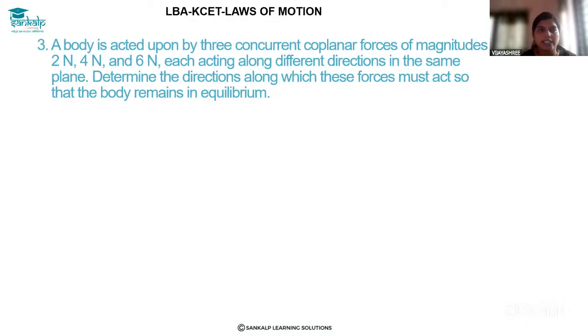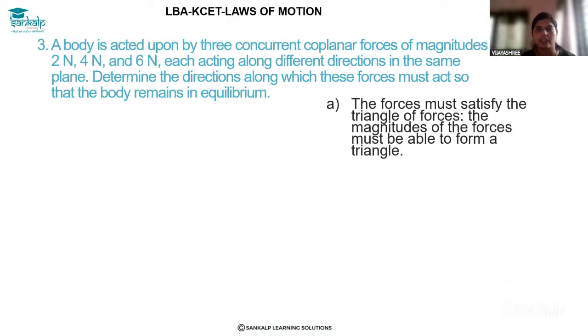A body is acted upon by three concurrent coplanar forces of magnitude 2 Newton, 4 Newton and 6 Newton, each acting along a different direction in the same plane. Determine the direction along which these forces must act so that the body remains in equilibrium.